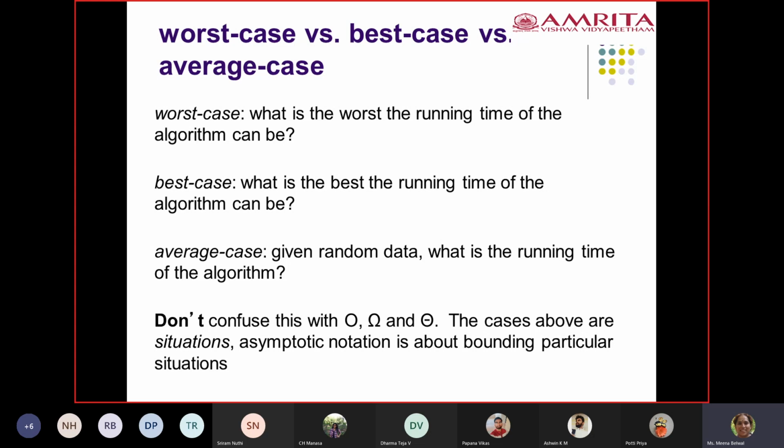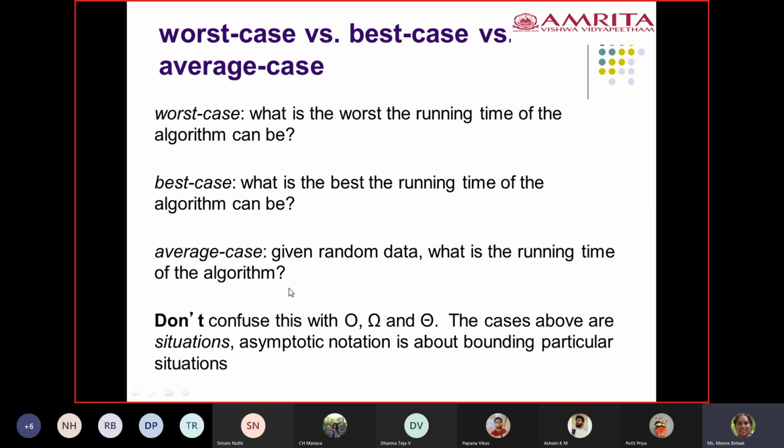Best case is what the best running time of the algorithm can be. So first we need to find out what will be the situation in which the algorithm takes the minimum number of operations. That becomes my best case. And what about average case? Average case means I am going to give random data, and what is the running time of the algorithm?